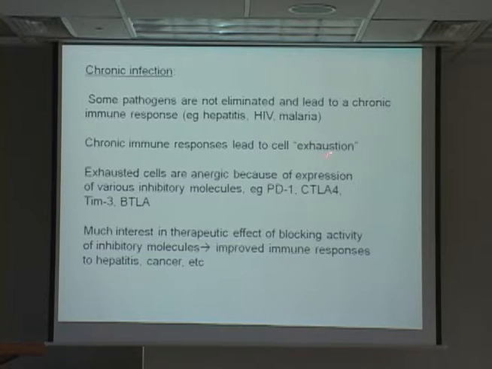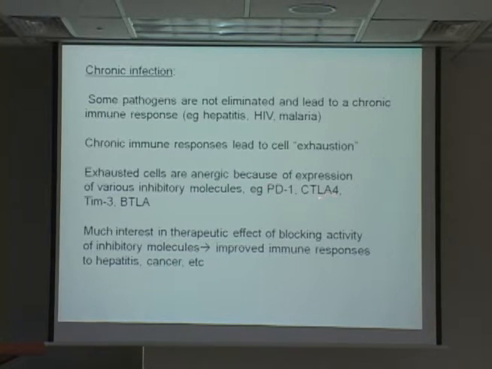And what's emerged in recent years is that exhausted T cells have been instructed to be unresponsive. And this reflects the fact that these cells which are anergic are now known to express a variety of cell surface molecules that are inhibitory.